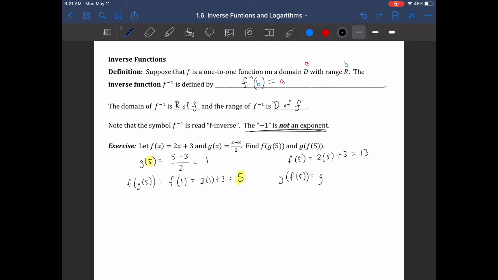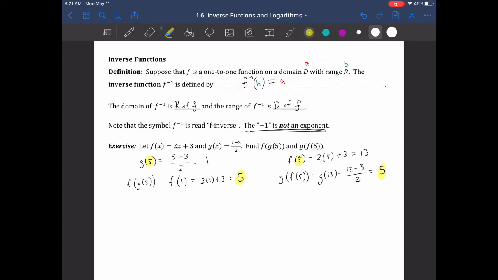That's just g of 13, which is going to be 13 minus 3 over 2. Plugging that into g, 13 minus 3 is 10. 10 divided by 2 is, how about that, 5. So you should note here that if we input this into f and then take the result and input it into g, we got what we originally put in.